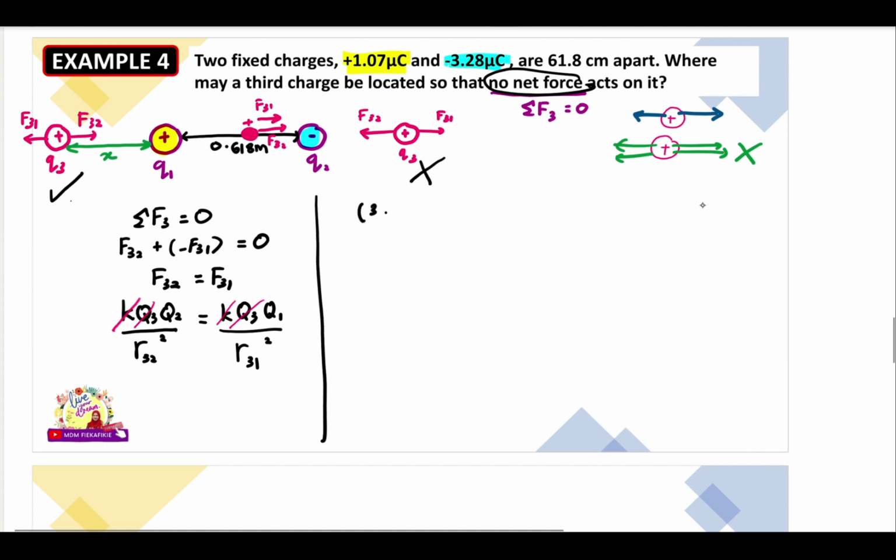Okay, so 3.28 micro over R32. R32 jarak antara charge yang ketiga dan charge yang kedua, iaitu 0.618 tambah dengan X. So, saya tambahkanlah.